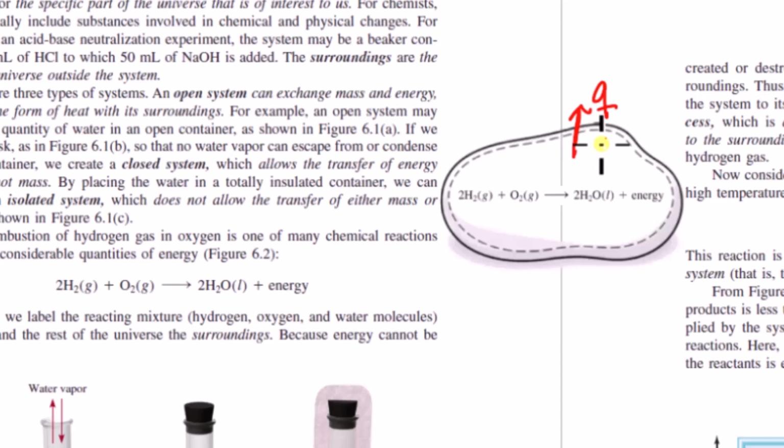And the reason for this is that the surroundings are typically much larger in scale than the system. So the energy transferred during the reaction is negligible compared to the total thermal energy contained in the environment.